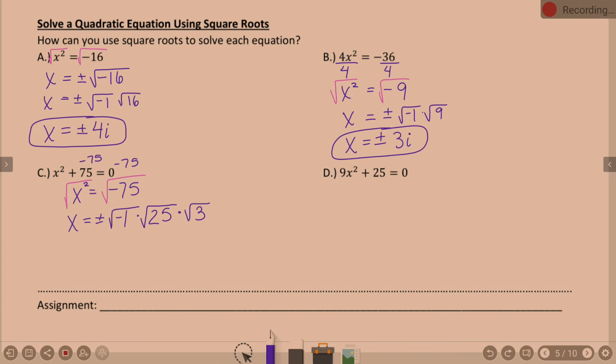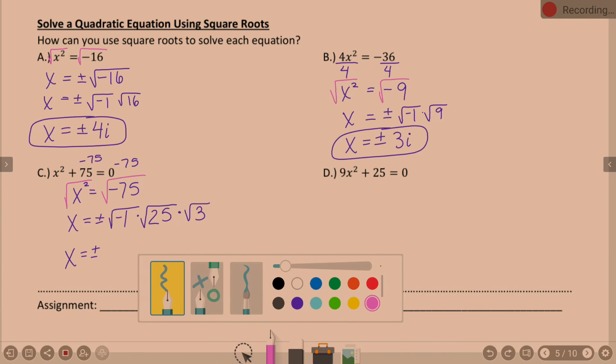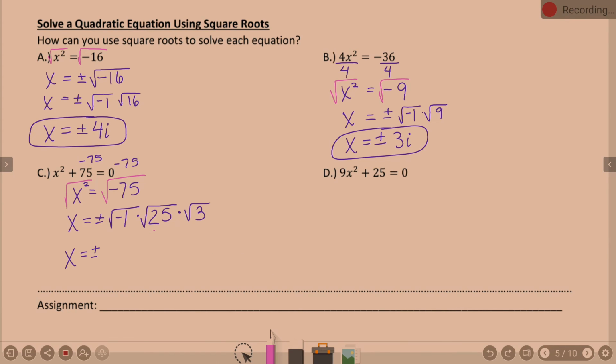Okay, so x equals plus or minus. What do we have here? 25 turns into 5, and then we have 5i square root. Square root of 25 is going to turn into 5. The square root of negative 1 is going to turn into i.